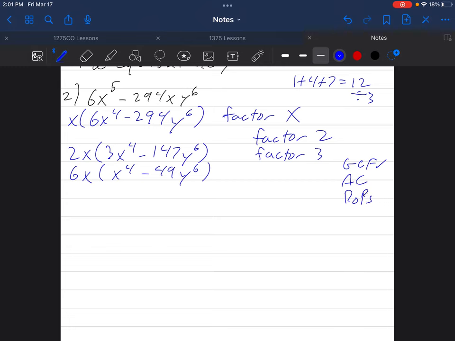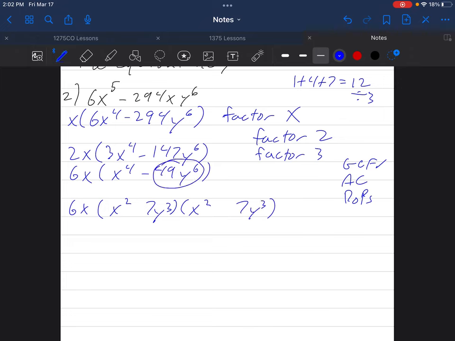And there's also difference of perfect squares, right? So if x to the 4th is a perfect square, and we have a minus sign, and 49y to the 6th is a perfect square, that means we can factor out using the difference of perfect squares, and which we can. So 6 times x, we're going to start with x to the 2nd power, that's the square root of x to the 4th. We're going to continue with 7y to the 3rd power.